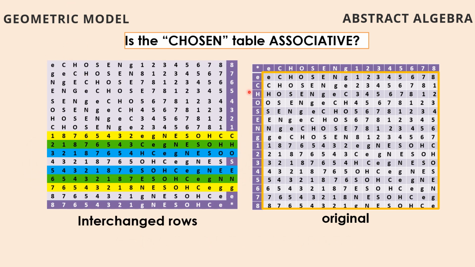As we can observe, the interchanged rows and the flipped table are not yet identical to the whole table.